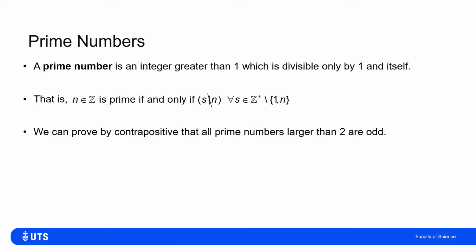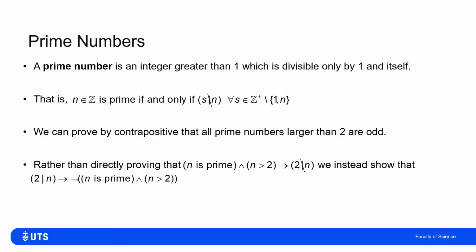And this also gives us a nice bit of practice and revision of proof by contrapositive. I will prove that all prime numbers larger than 2 are odd. So rather than proving that the statement n is prime and n is greater than 2 tells us that 2 does not divide n, I'm going to negate both sides of that statement and hence reverse the direction of implication to get the contrapositive.